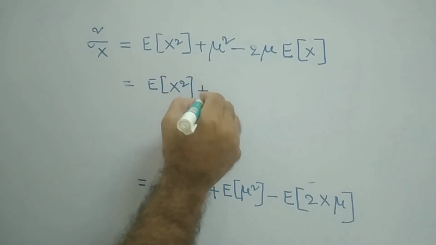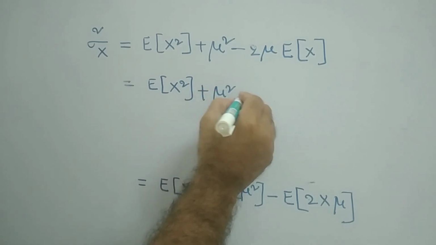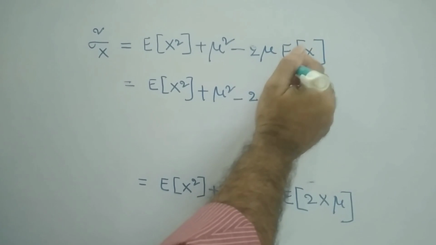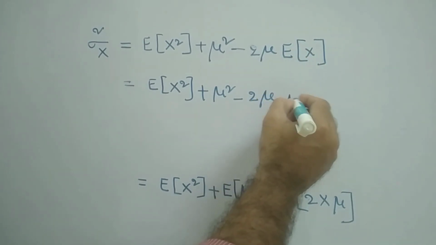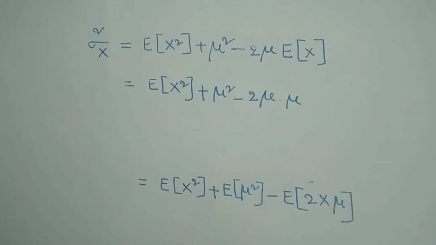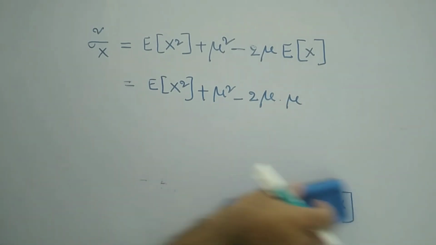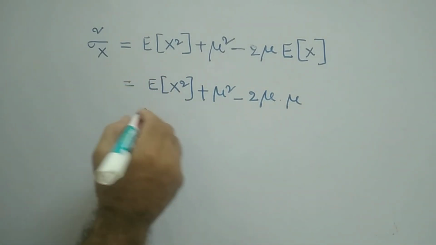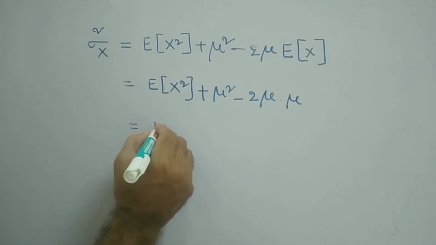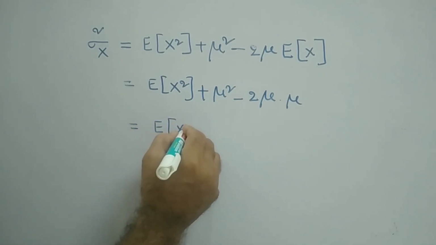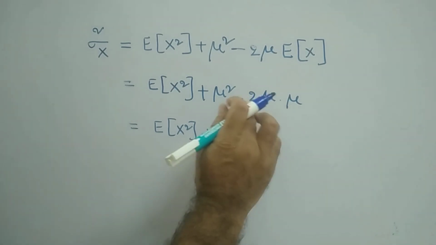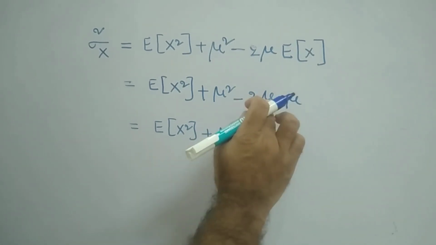Therefore, if you expand further, it is expected of x square plus mu square minus 2 into mu into expected of x. What is expected of x? It is nothing but mu only, because expected of x can be written as mu. Therefore, this is equal to expected of x square plus mu square minus 2 mu square.